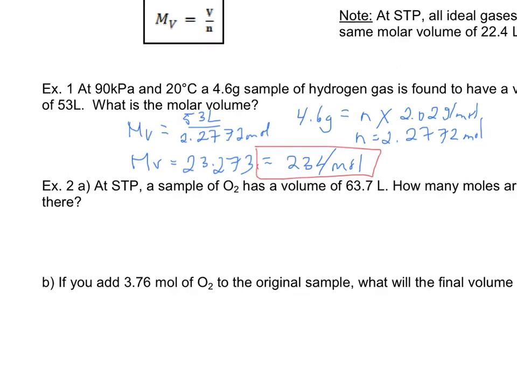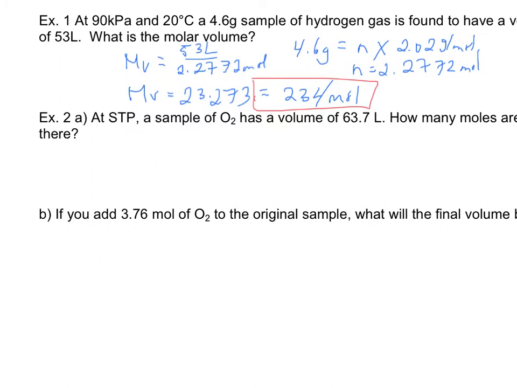Now example 2 shows you the Avogadro shortcut. Here I have STP conditions and the volume of a gas sample is 63.7 liters. It asks me how many moles are in the container. Because I'm at STP, I know the molar volume is equal to 22.4 liters per mole.